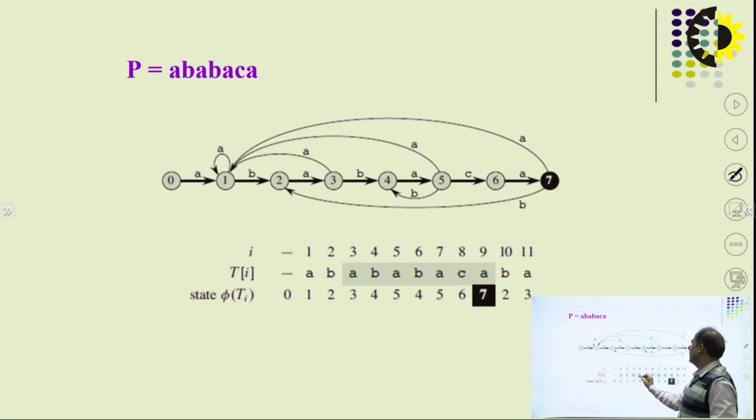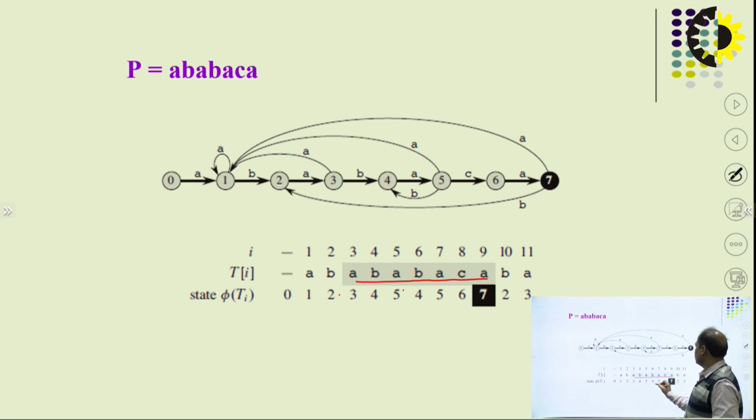We can see that this pattern is occurring in ABABACABA. So we can start from 0, then A is 1, then 1 and B is 2, then 2 and A is 3, then 3 B is 4, 4 A is 5.